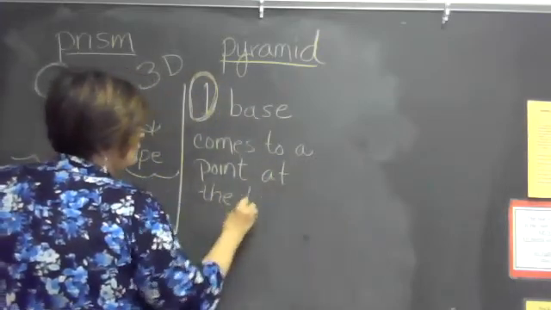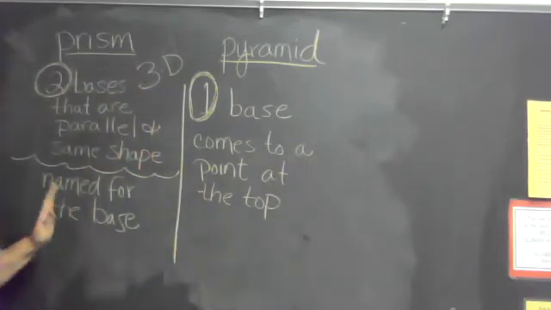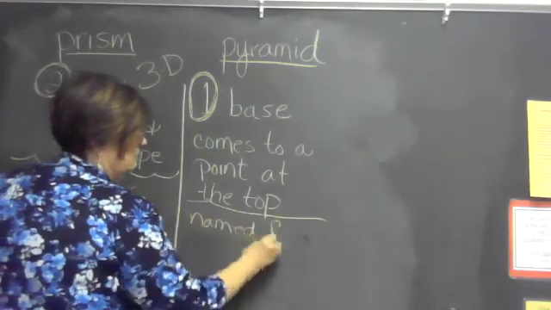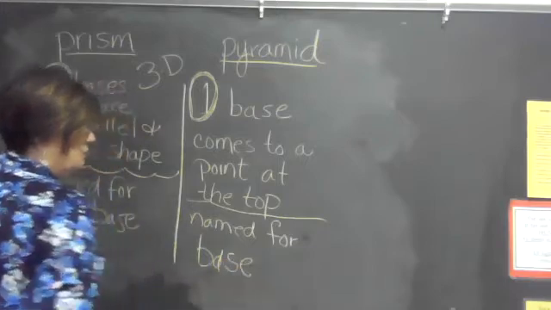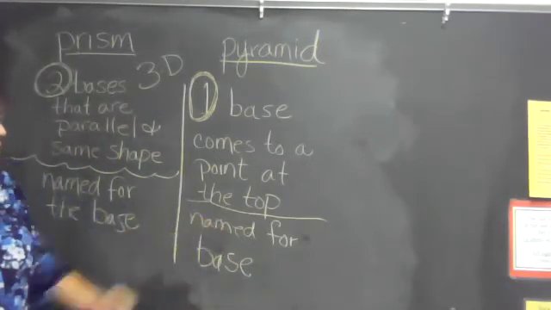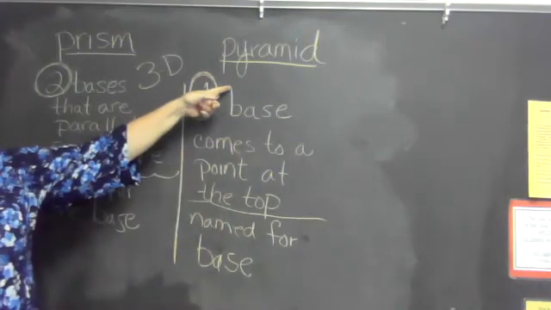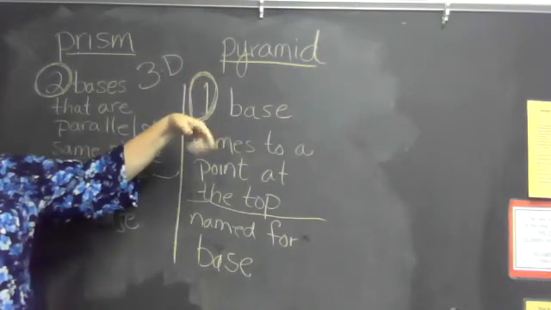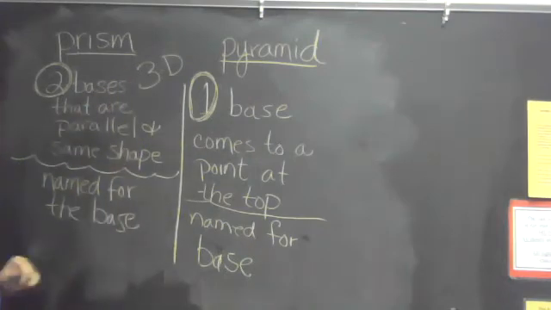It's going to be easier to draw the picture so that you understand. It's also named for the base. So you can have a rectangular pyramid where the base is a rectangle. You can have a triangular pyramid where the base is a triangle, and so on. Y'all see? Now, let me try to draw.